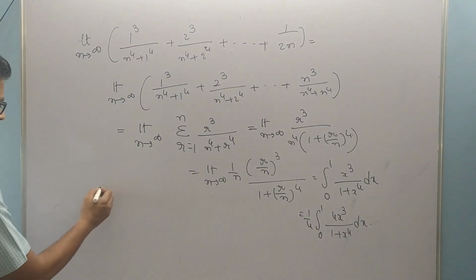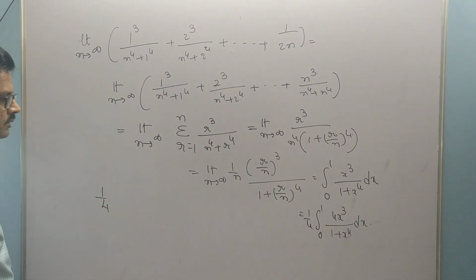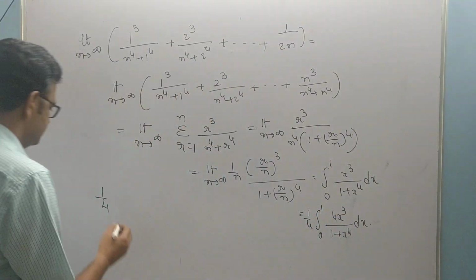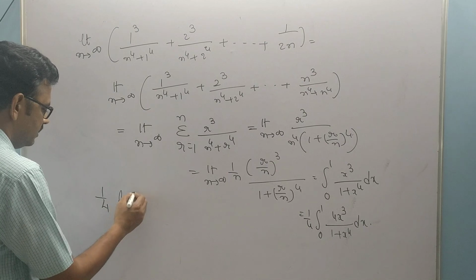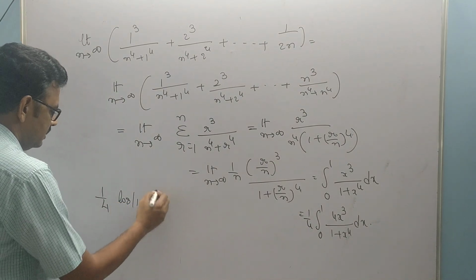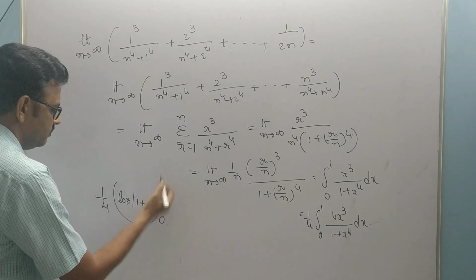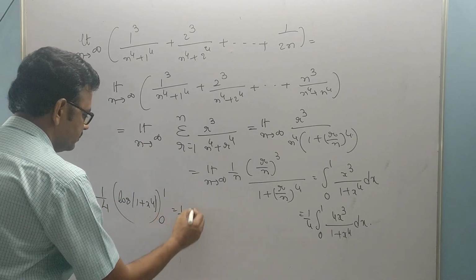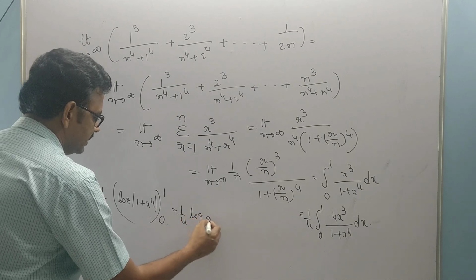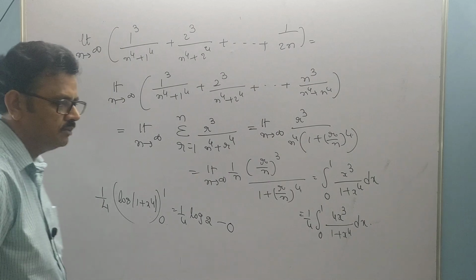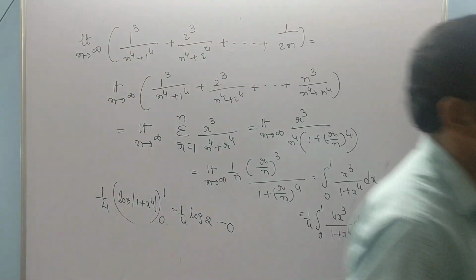That is equal to 1 by 4 into the integral of f dash x by f of x, which is log mod f of x, log of 1 plus x power 4, with limits 0 to 1. Applying the upper limit, this is 1 by 4 log 2 minus, well, log 1 is 0. So the answer is 1 by 4 log 2.